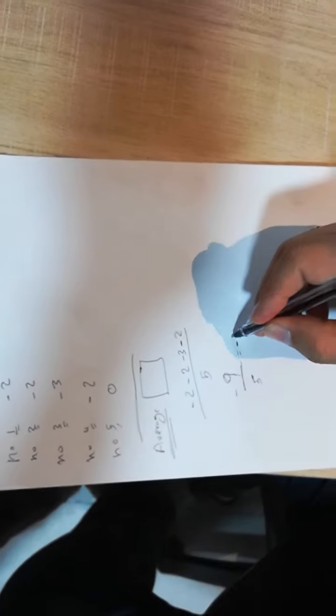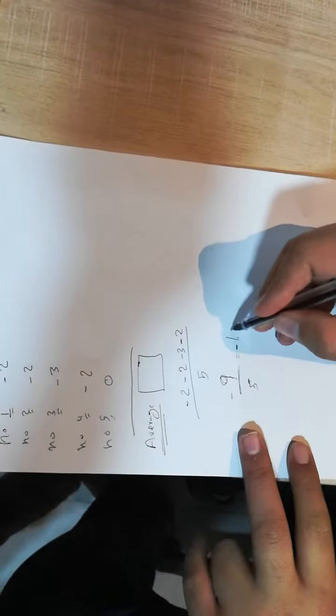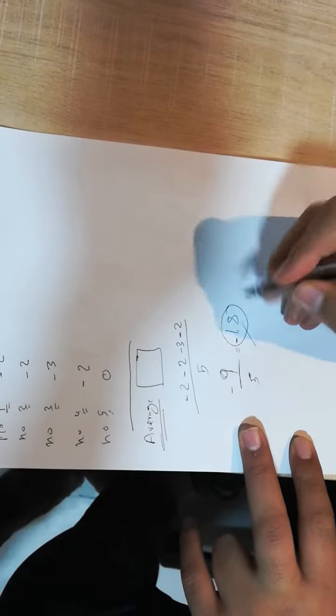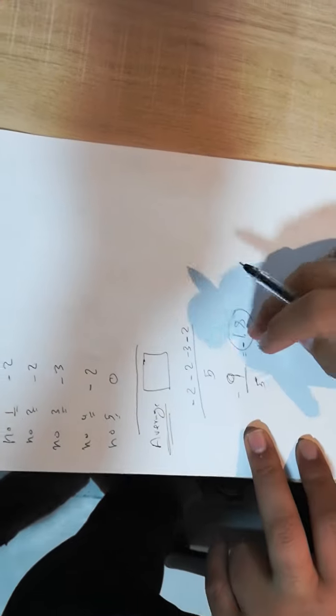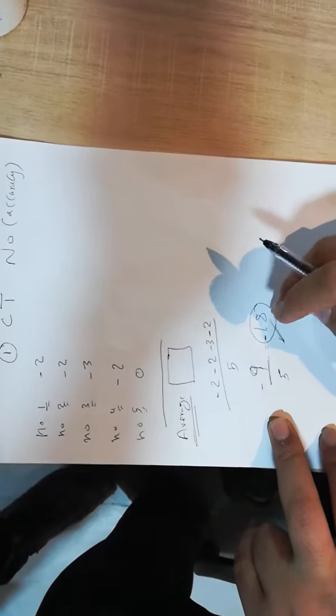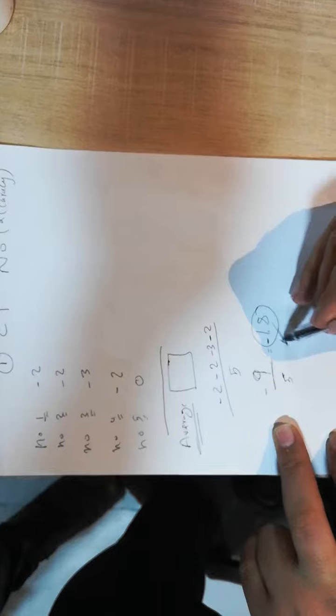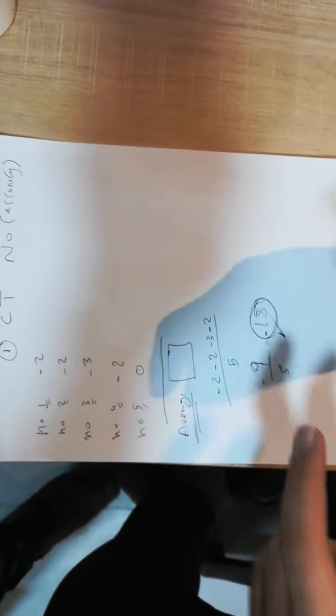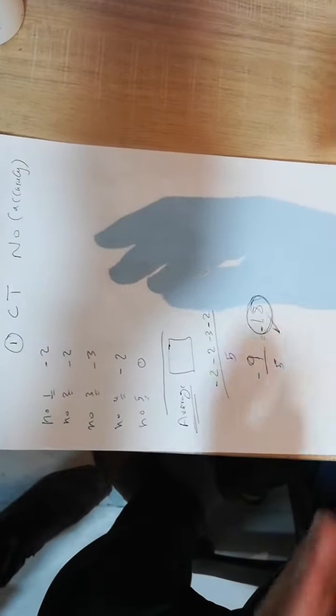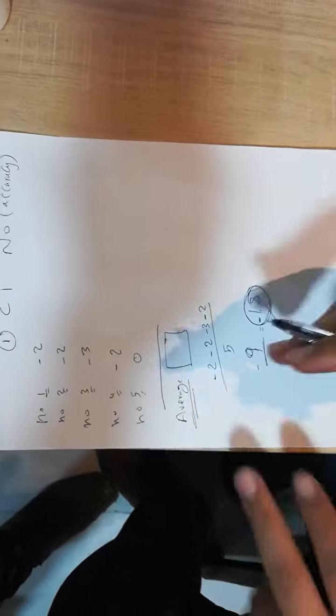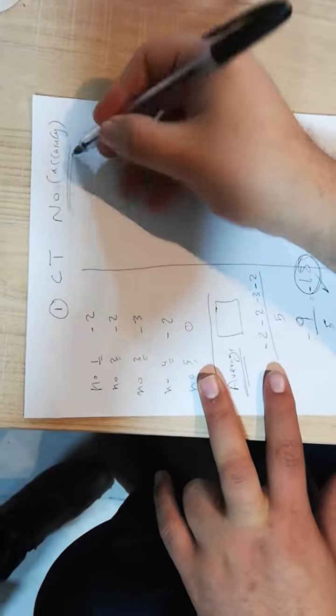This is the average value or the accuracy, the CT number accuracy of water. So you will find whether this number is in the accepted range or not. That's for CT number or CT accuracy.